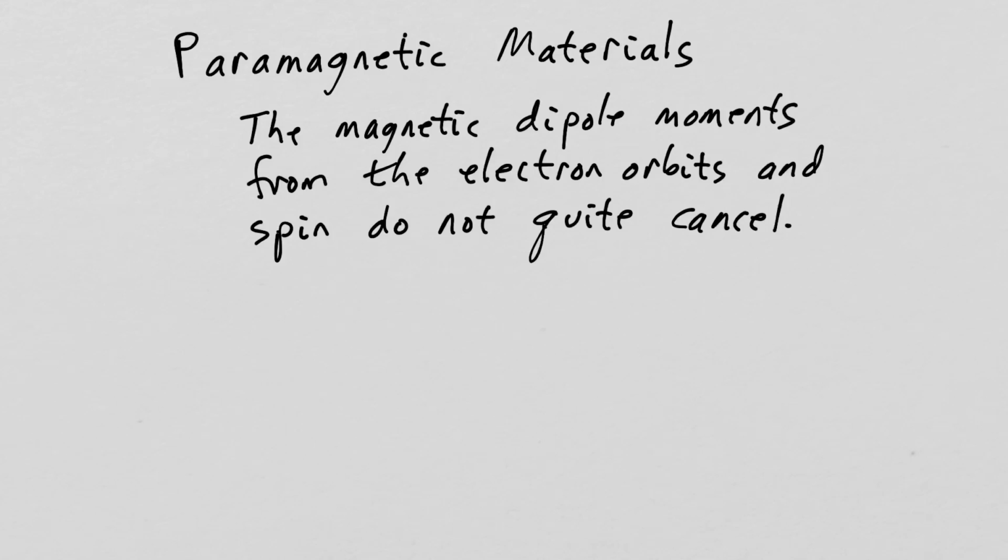With an external field applied, all these magnetic dipole moments will get torqued and point in the same direction as the applied magnetic field. That will result in a slight increase in the magnetic field inside the paramagnetic material. So let's place a paramagnetic material in this magnetic field region right here.